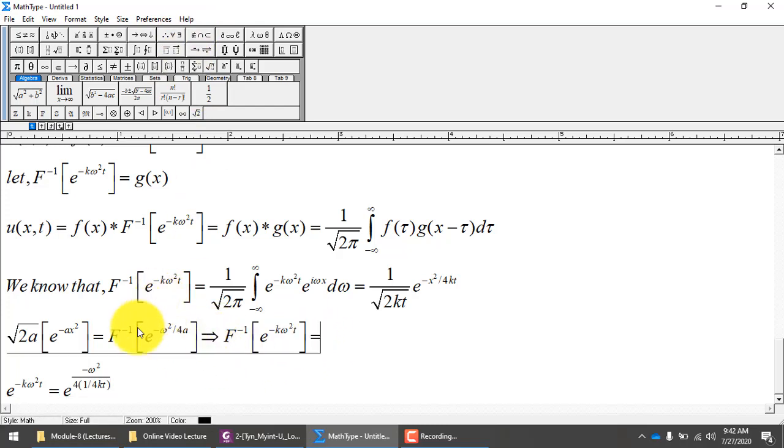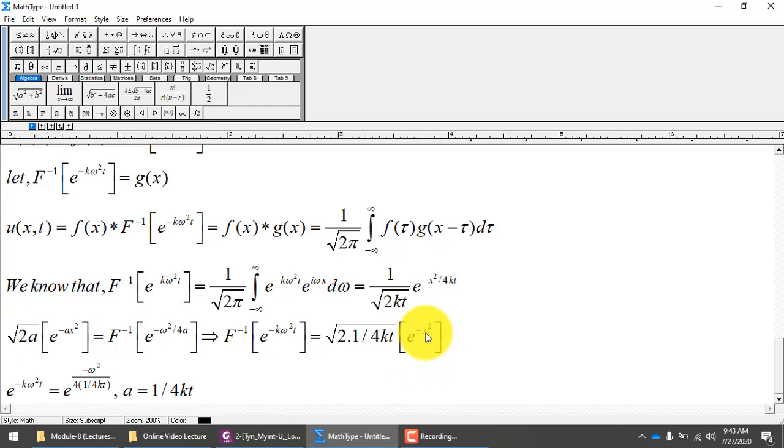This will be equal to square root 2a, where in your case a is 1 over 4kt. So the Fourier inverse is square root 2a, with a equal to 1 over 4kt, multiplied by e to power minus ax square.